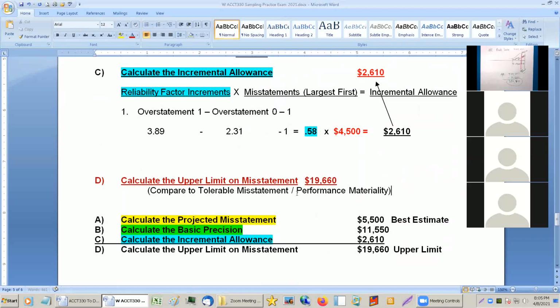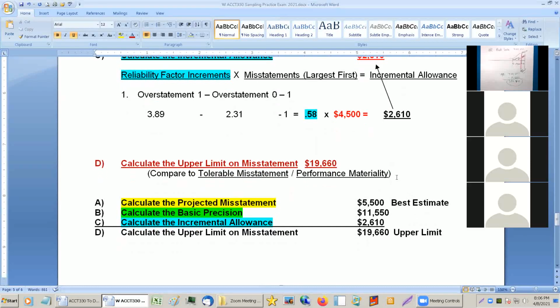And by the way, performance materiality is kind of the newer term. I'm not sure how they're going to incorporate that. It seems like they still use tolerable misstatement for the statistics stuff, but performance materiality when they're actually divvying up the materiality. They mean exactly the same thing. How much are you willing to let that account be off? What's materiality for that account? Those are both the same thing.